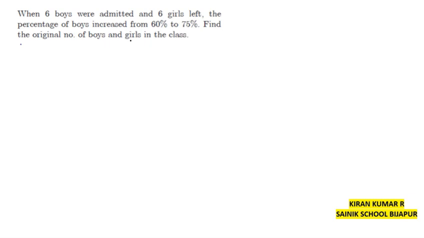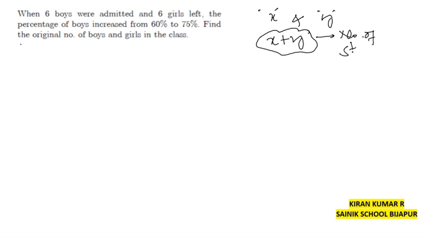Find the original number of boys and girls in the class. If you consider X number of boys and Y number of girls, for getting the first condition, I have to consider the total strength. This will be the total number of students.